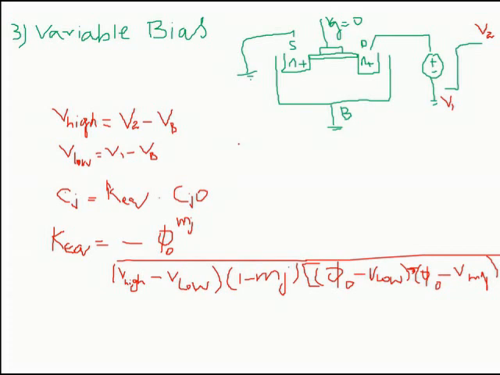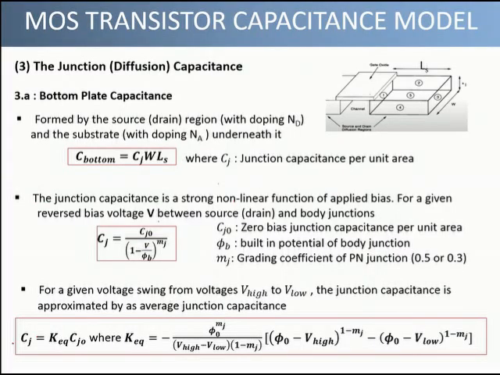In this case, the whole junction capacitance can be approximated by two values of reversed bias voltages, V high and V low, where V high is equal to V2 minus VB and V low is equal to V1 minus VB, and the value of junction capacitance is equal to Keq Cj naught, where Cj naught is the same zero bias junction capacitance per unit area and Keq is the coefficient which is determined using this equation.